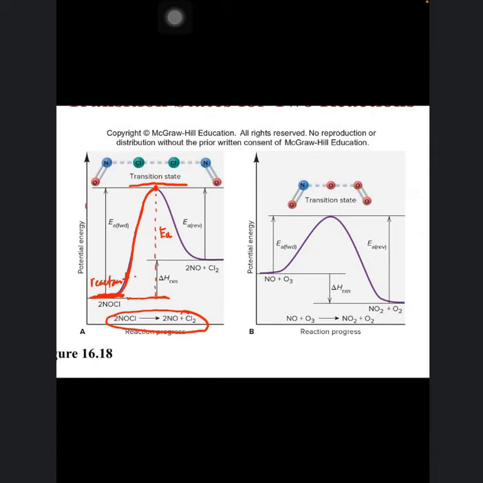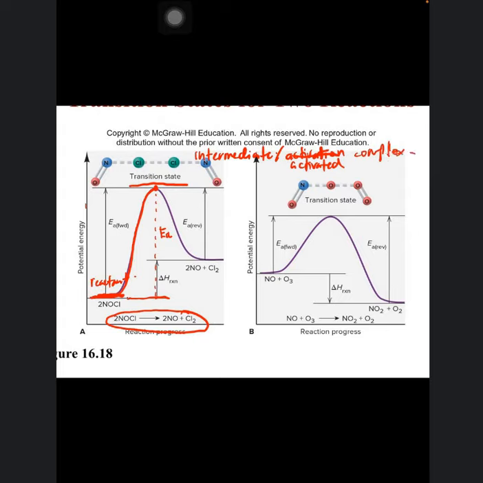So molekul-molekul yang melepasi, yang possess this amount of energy, bila dia berada di tengah-tengah puncak ni, dia akan produce a species yang kita panggil dia sebagai intermediate. Ataupun nama lain kita boleh panggil dia sebagai activated complex. Species yang terbentuk.